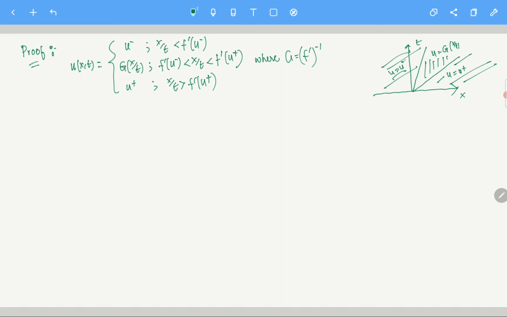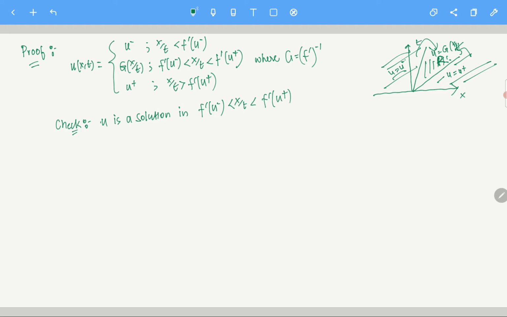So basically we are looking at the left of this particular thing, and on the right of this thing. Let's call this region R. We need to check that u is a solution in this place, f prime of u minus less than x by t less than f prime of u plus, because the other two parts are classical.